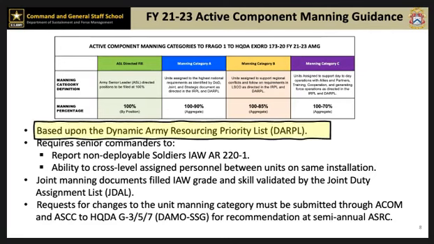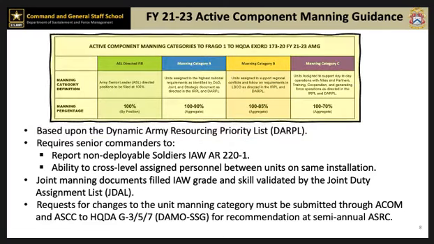So the purpose of this slide is to show how the active component manning guidance is connected to the DARPL and that it is not static. Both of these documents change as priorities change for the Army. The charts show the 4 different active component manning guidance categories.